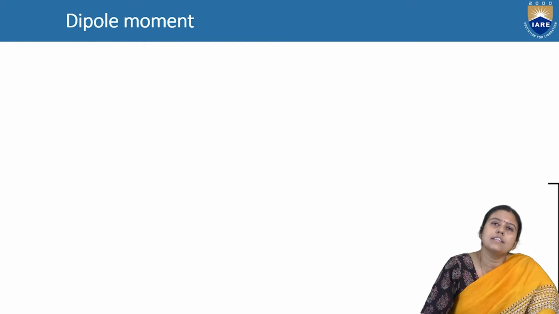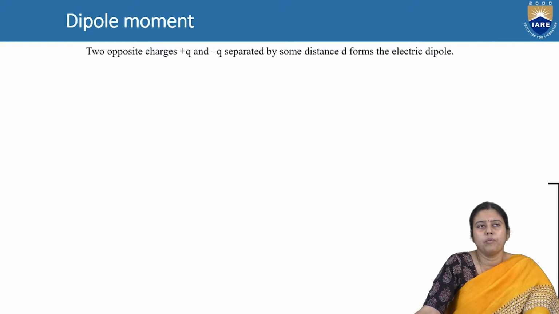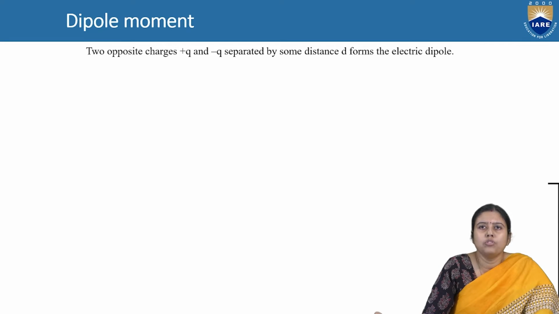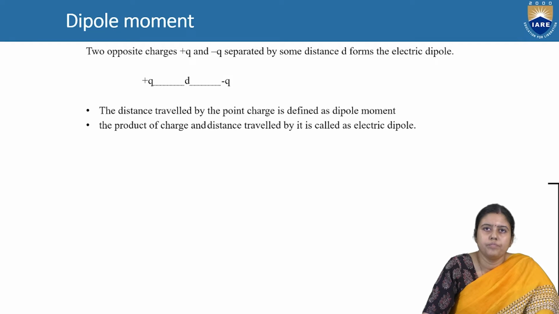Next, we will discuss the dipole moment. What is a dipole moment? Already we discussed a little. If two charges plus Q and minus Q have the same magnitude but opposite sign and are separated by some distance D, they form an electric dipole.